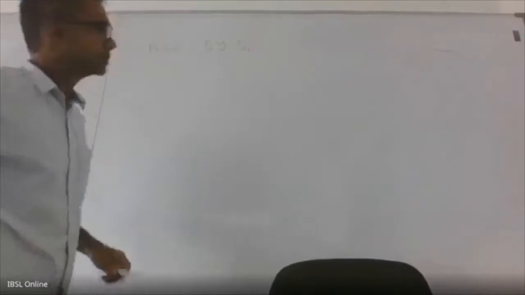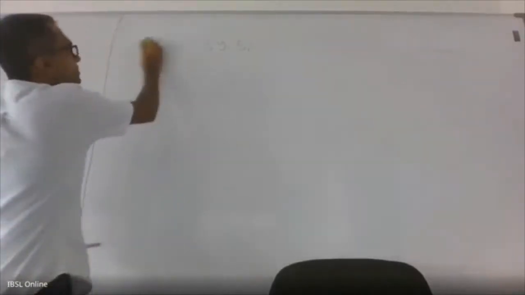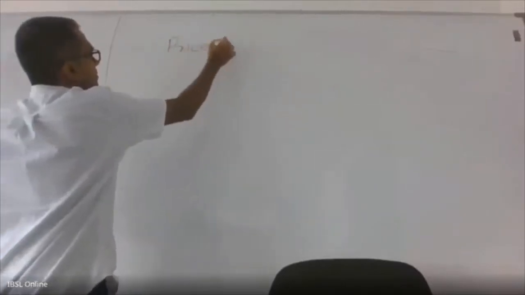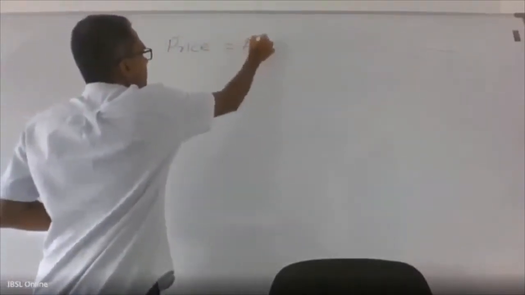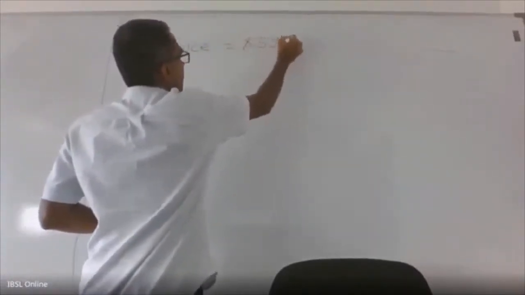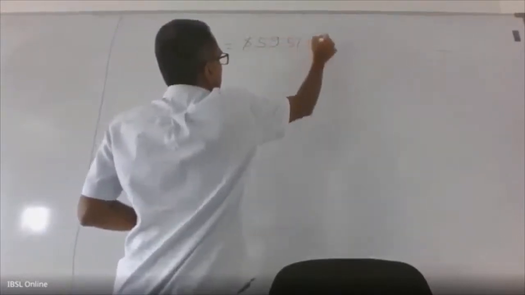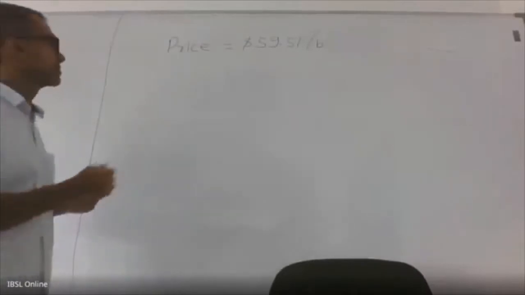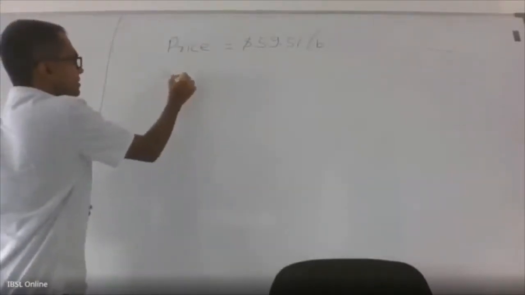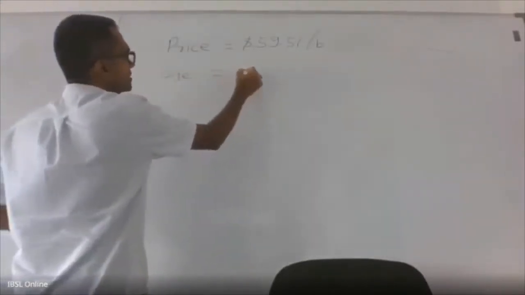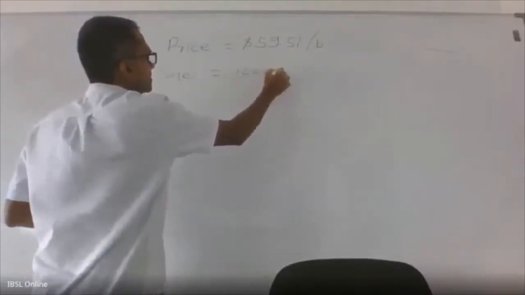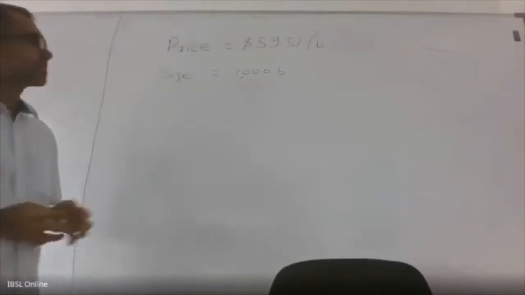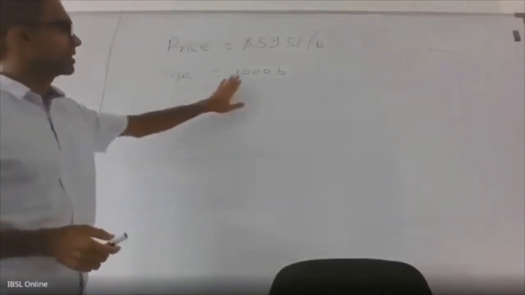Can you see the board? Price is $59.51 per barrel. That's the price. Size of the contract is 1,000 barrels.